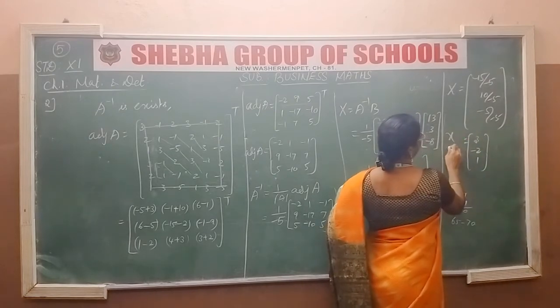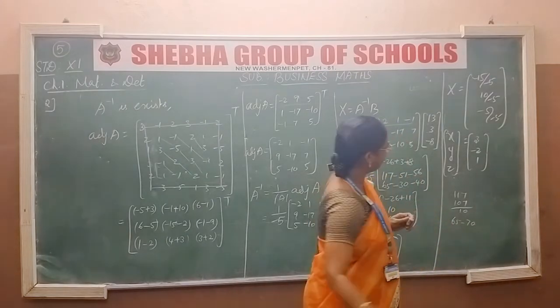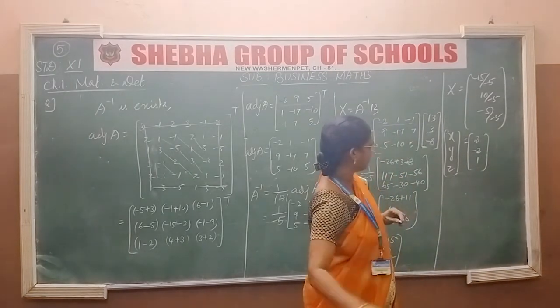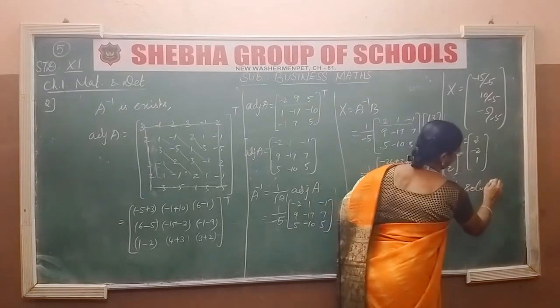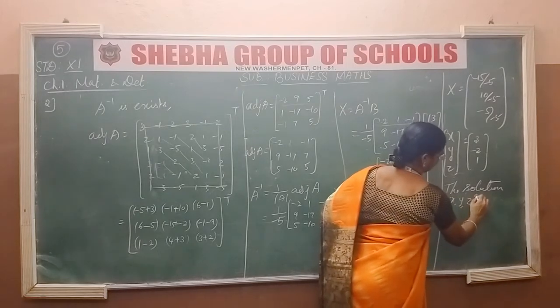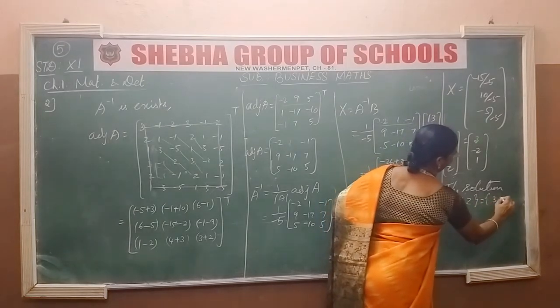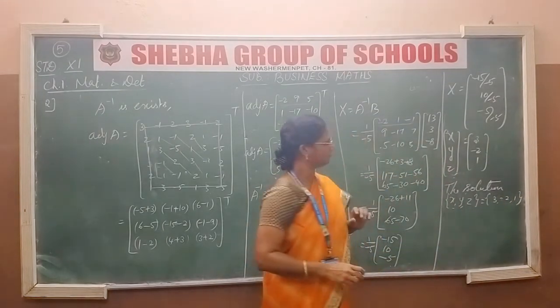So the left hand side becomes x, y, z. Okay, our solution is x is equal to, y is equal to, z is equal to. You have to write. Therefore, our solution set is x, y, z is equal to 3 comma minus 2 comma 1. Okay.